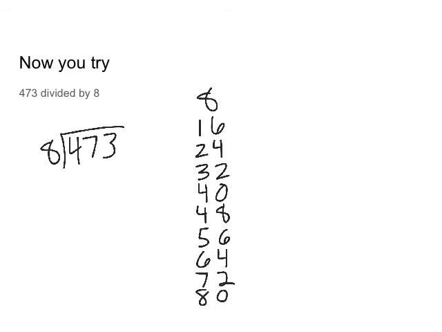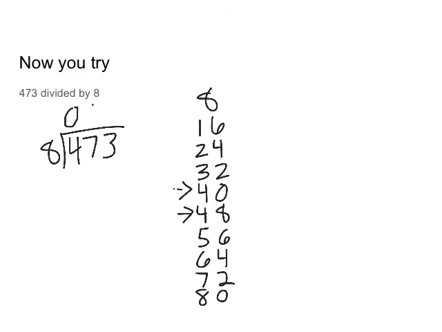All right, now sometimes it takes me a little while with my 8s, so I wrote down all my 8s just to make my multiplication a little bit easier. So first, how many times does 8 go into 4? Not at all. I'll put in that placeholder 0. How many times does 8 go into 47? Well, it goes into 48 right here, but that's too big, so 40.